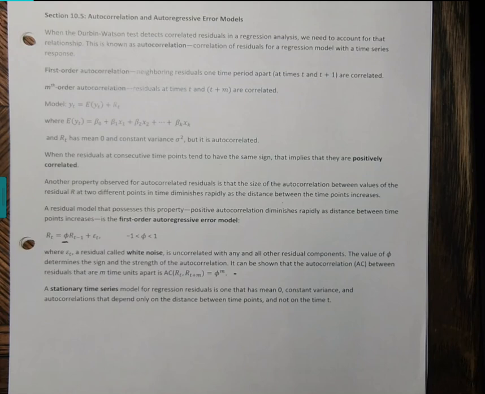And what we'll see later on in the notes is most of the time the first order is enough. We really only see a large correlation between two time points that are right next to one another. So we're going to focus on this idea of being correlated through time, and as we move further away in time, things are going to be less and less correlated.